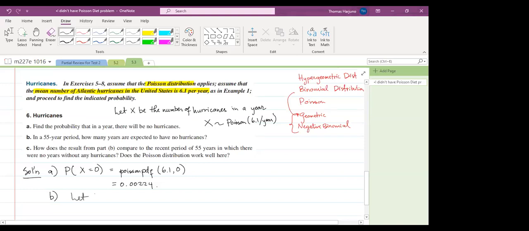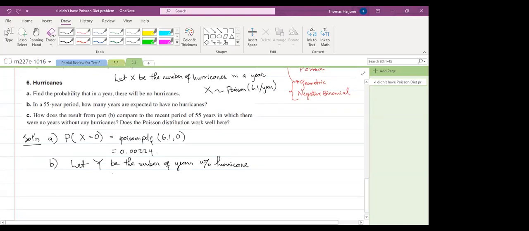Let Y be the number of years without hurricanes. I want you to realize that this Y is now binomially distributed. You have 55 years, that's 55 trials. Either you have hurricanes or no hurricanes. Probability of not having hurricanes is 0.00224.